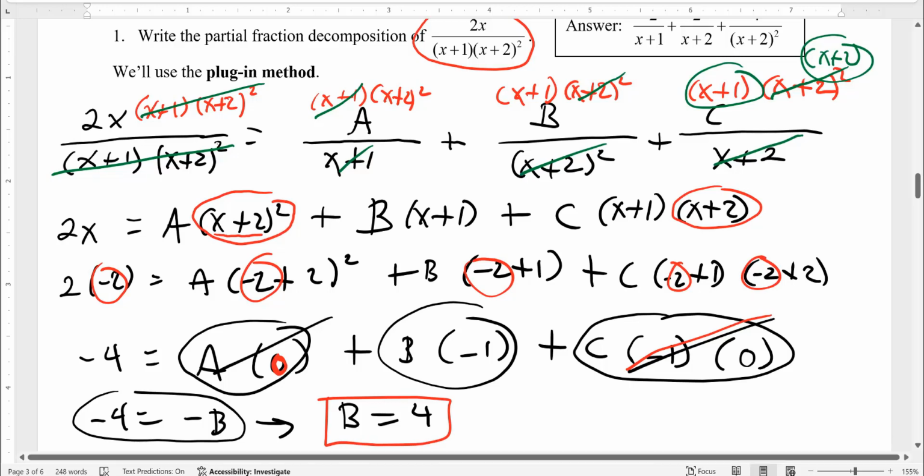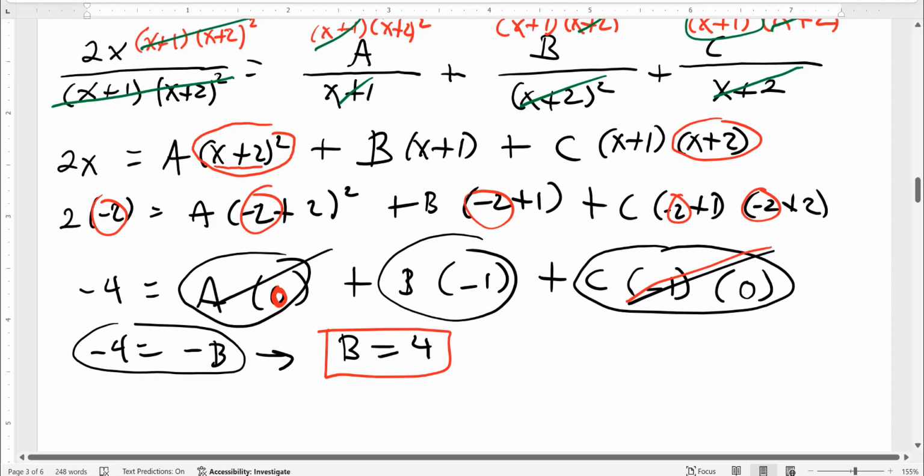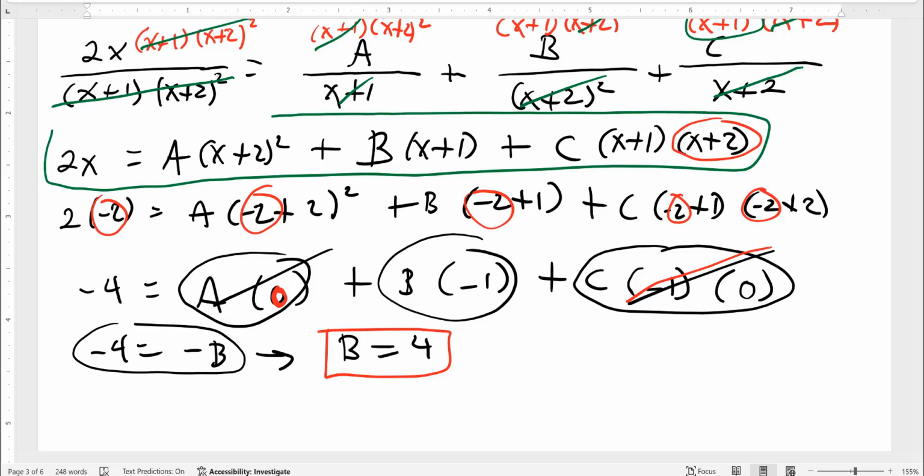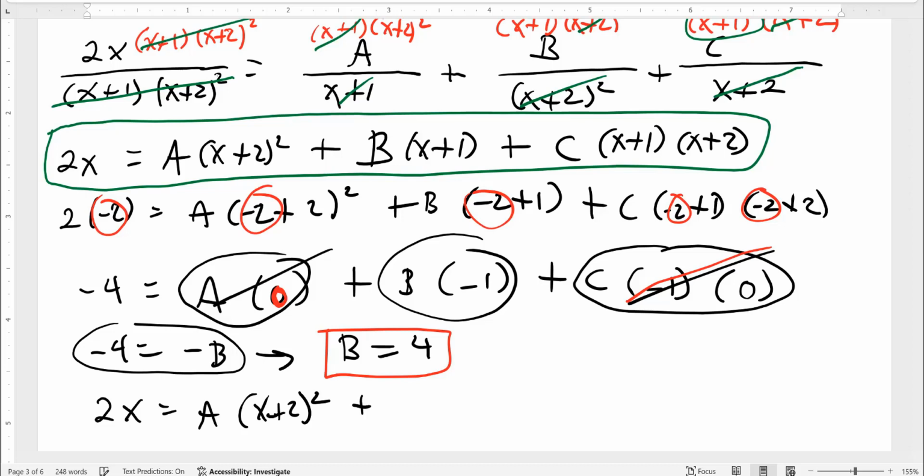So now we still need to find A, and we still need to find C. The way we do that is we go back to this line right here, and we plug in another number. But before we do that, let me copy this down. 2x equals A times x plus 2 squared plus, and this is very important, when you go back to that line, if you know the value of any variable, be sure you plug it in.